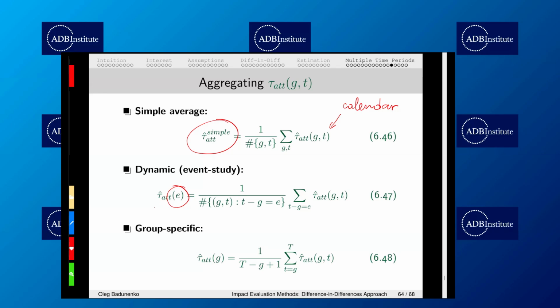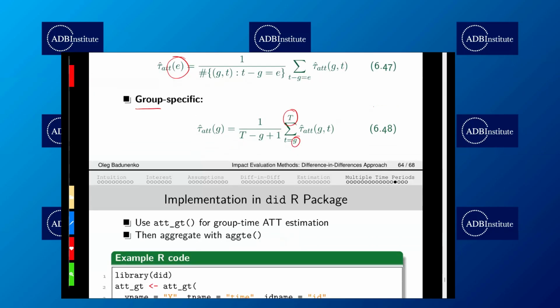And then finally, we can aggregate the average treatment effects in groups, right? So we'll specify particular groups. We'll go from small g up to t, and we'll aggregate them in particular groups in which the observations were treated. Okay, so this is most important here.